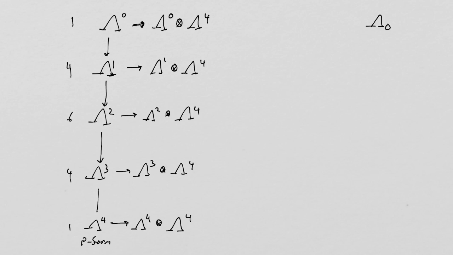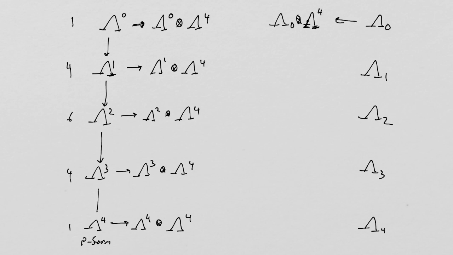Lambda 0, lambda 1, lambda 2, lambda 3, lambda 4, and then this guy goes obviously to lambda 0, and since it's densitized, it always means we're using the p-form.